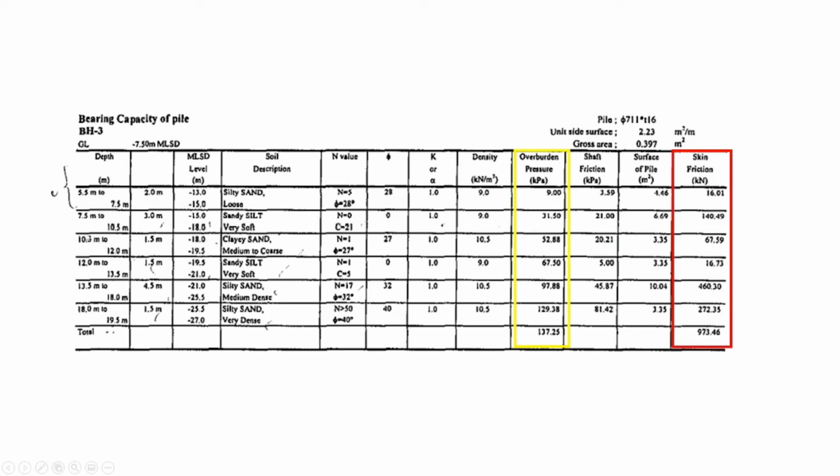You can continue doing the same calculation for depths of 10.5, 12, 13.5, 18 and 19.5, applying the appropriate values based on the soil properties, and from this calculation we can get the total overburden pressure of 137.25 kilopascal and the skin friction total of 973.46 kilonewton.